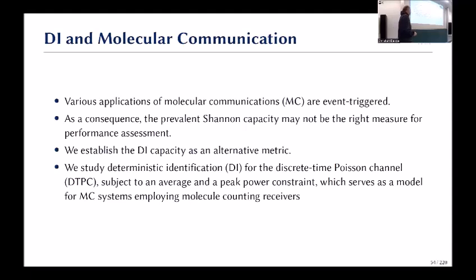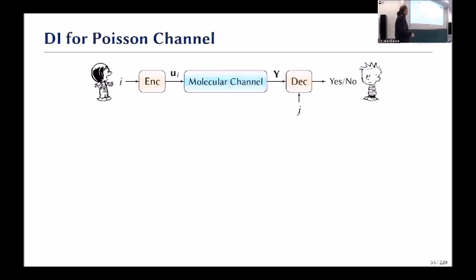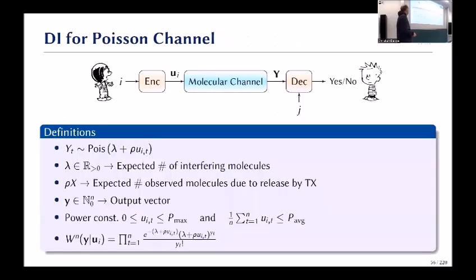A model for this communication between molecules is the discrete-time Poisson channel, and we also have a power constraint. That was our first step: we considered DI for molecular communication. You see, we have here Poisson distributed random variables, and lambda is the expected number of interfering molecules.